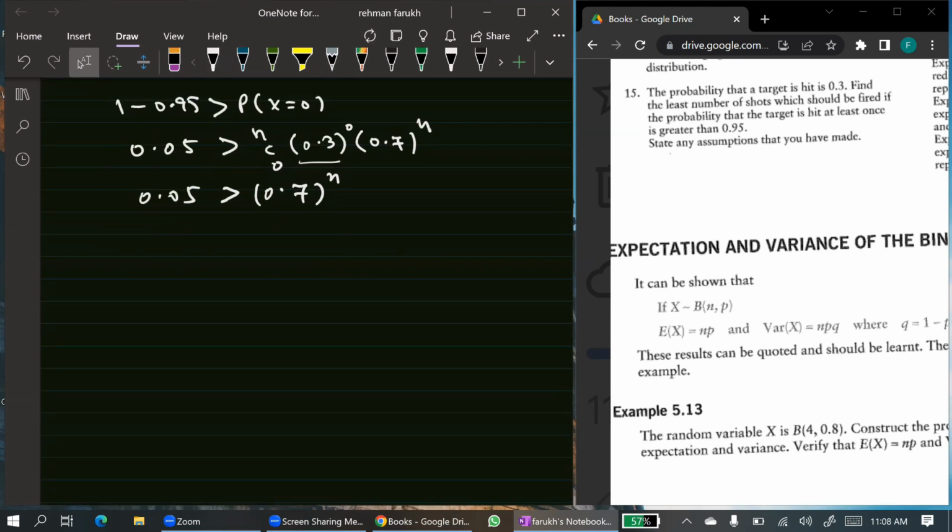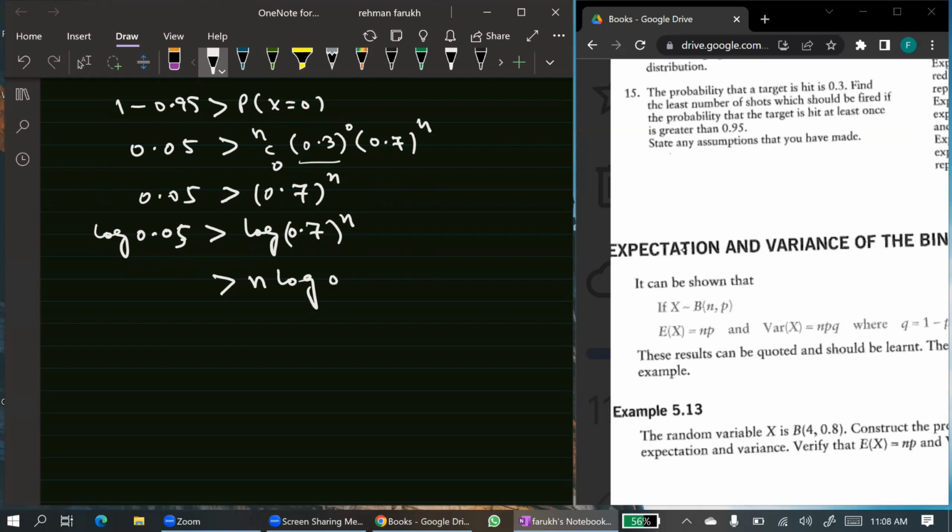To find out the power, we will use the log. We will apply log on both sides to find out n. Log 0.05 is greater than log 0.7 power n. We will write down the power of the argument as a coefficient, that is n log 0.7.